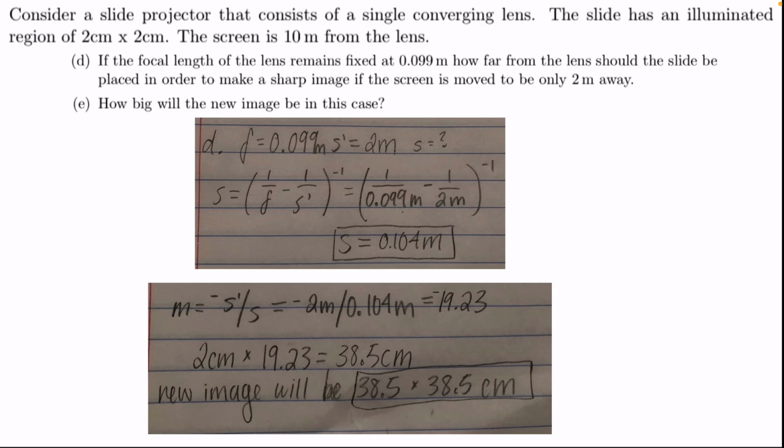We get a value of 19.23. Multiplying the original 2 centimeters by 19.23, we get new dimensions of 38.5 by 38.5 centimeters. So that's how big the new image is in this case.